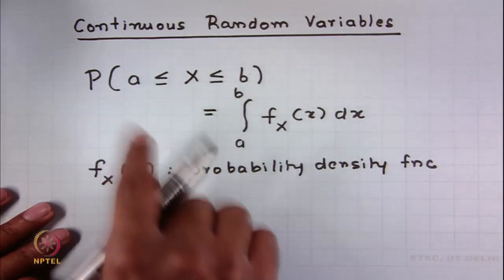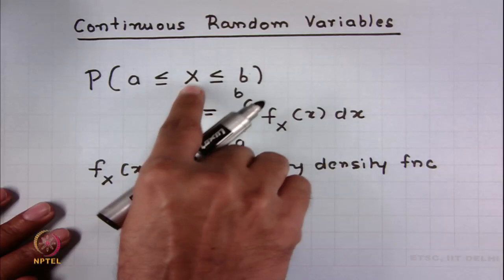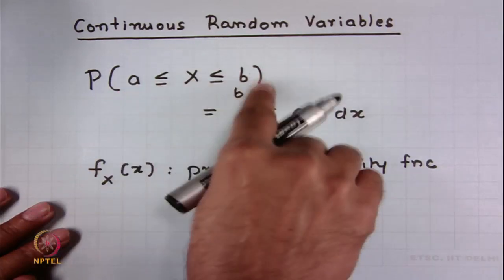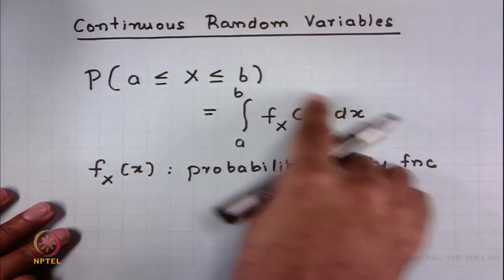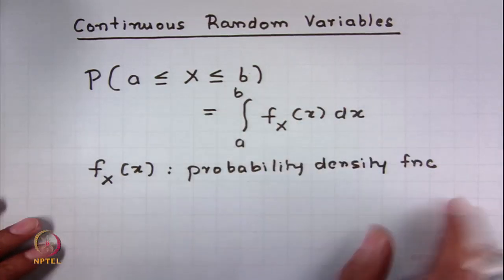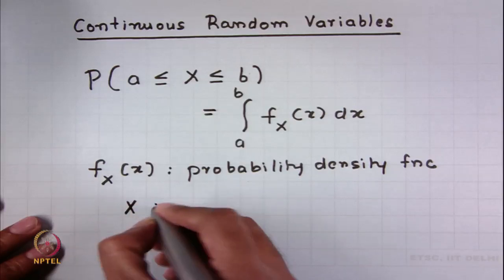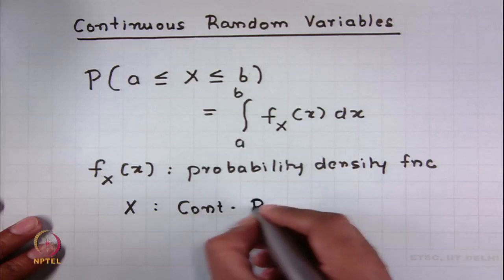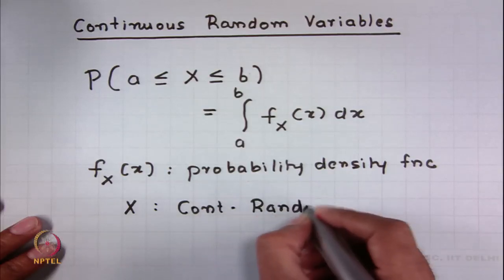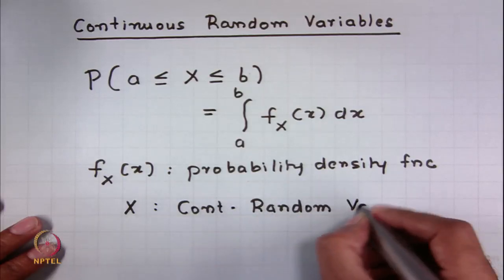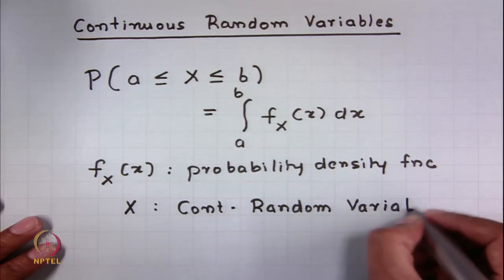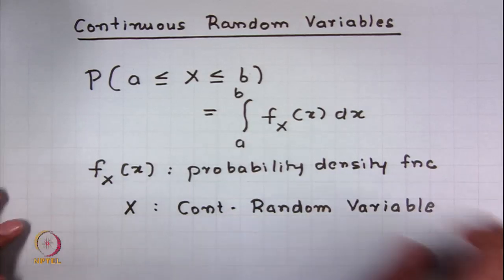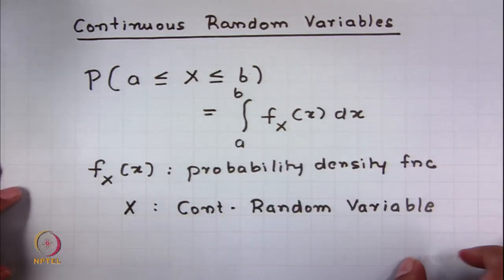But let us say if I can calculate the probability of a random variable taking a value between limits a and b as the integration of this probability density function, then this random variable X is known as a continuous random variable.